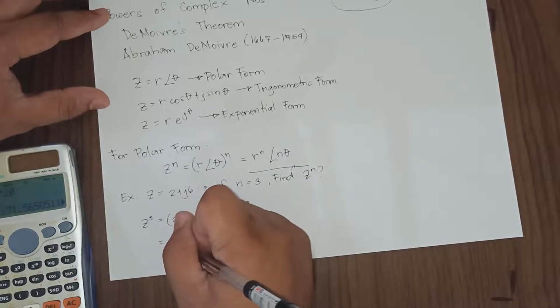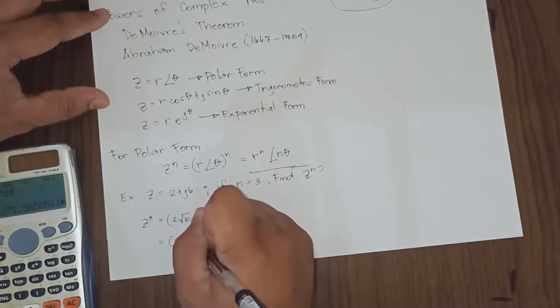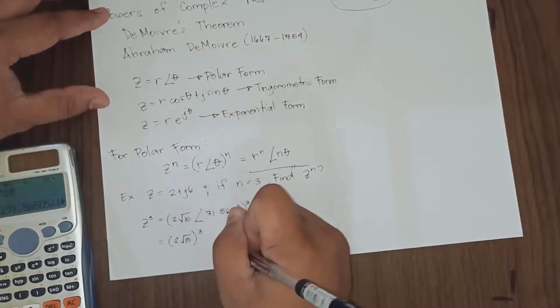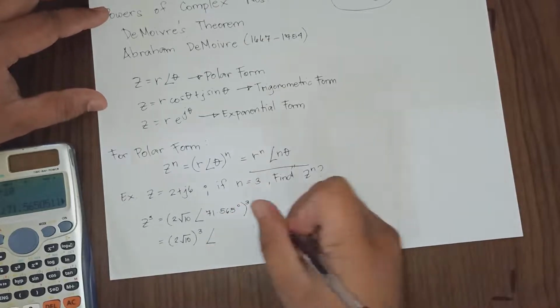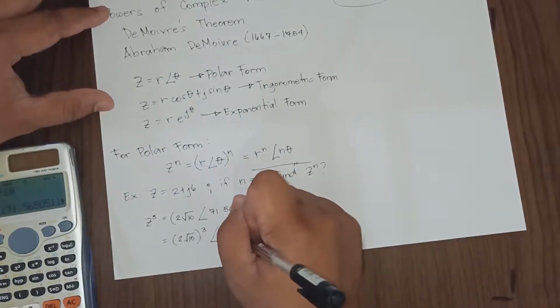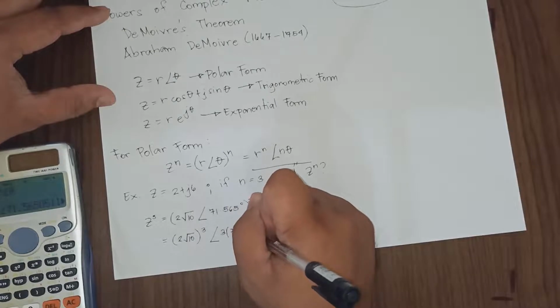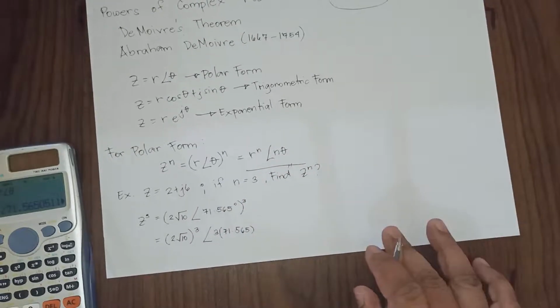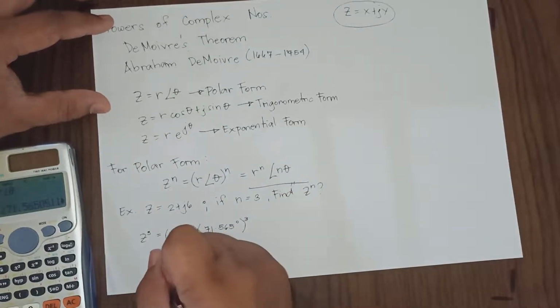So therefore 2 square root of 10 raised to 3 bar angle of 3 times 71.565 degrees. Yan.